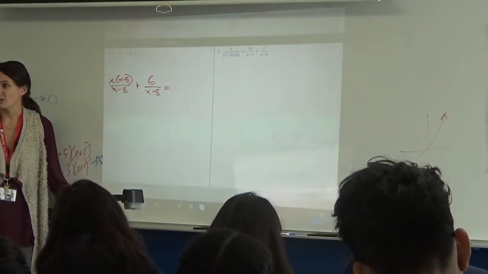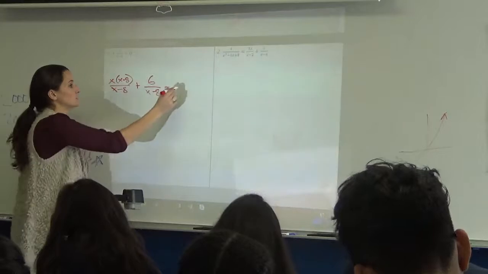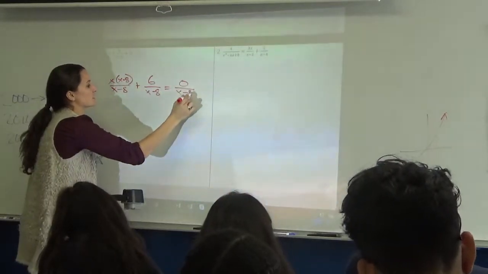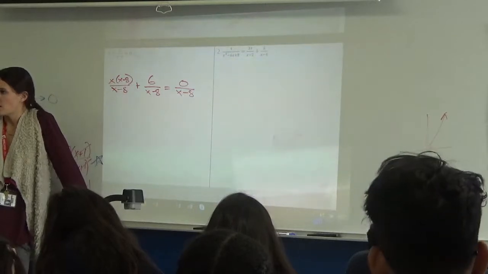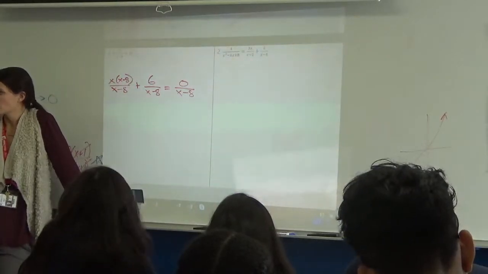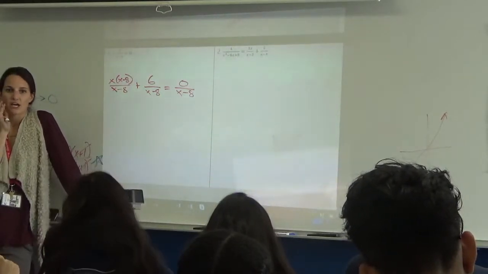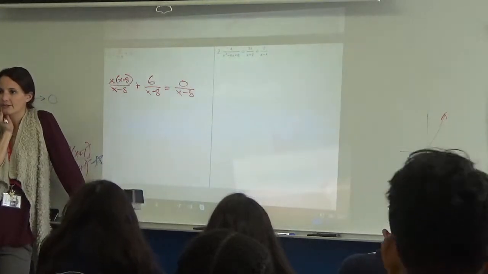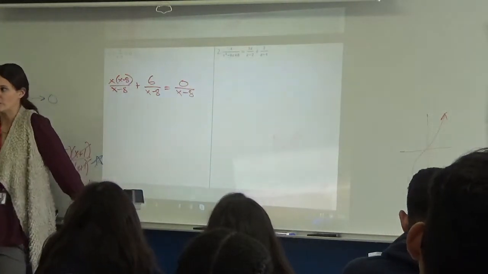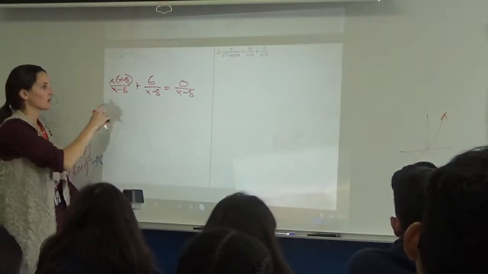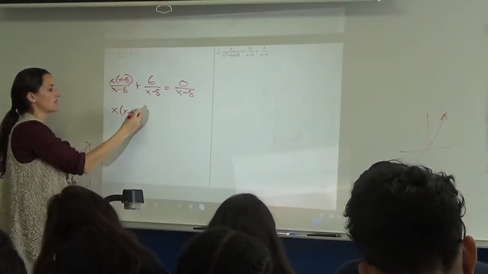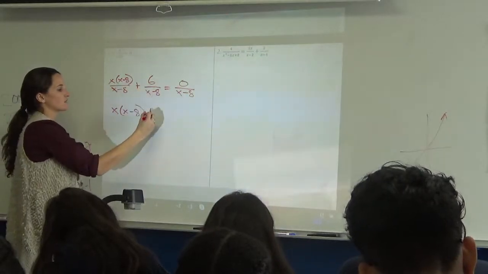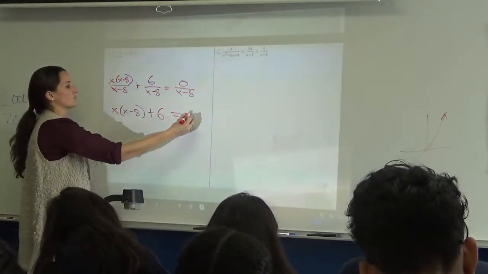Equals, and if you really want, we could write even 0 over x minus 8, because that's the same thing as 0. Common denominator all the way across. Multiply each side by our least common denominator of x minus 8, and what happens to all those x minus 8s? They go away, and we'll just end up with x times x minus 8 plus 6 equals 0.